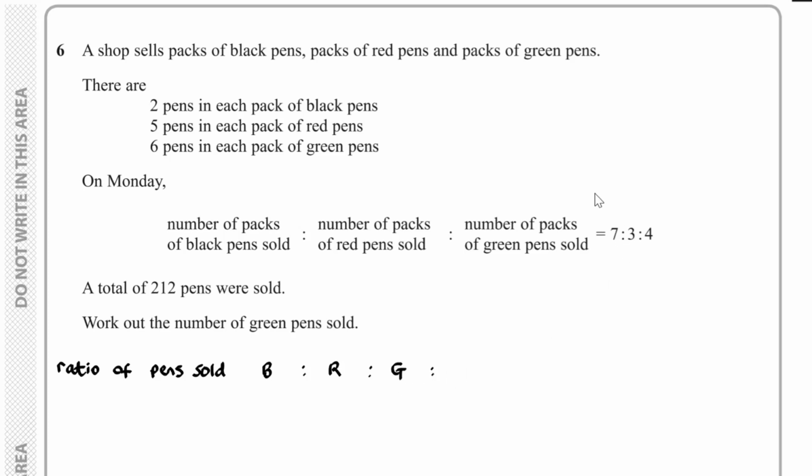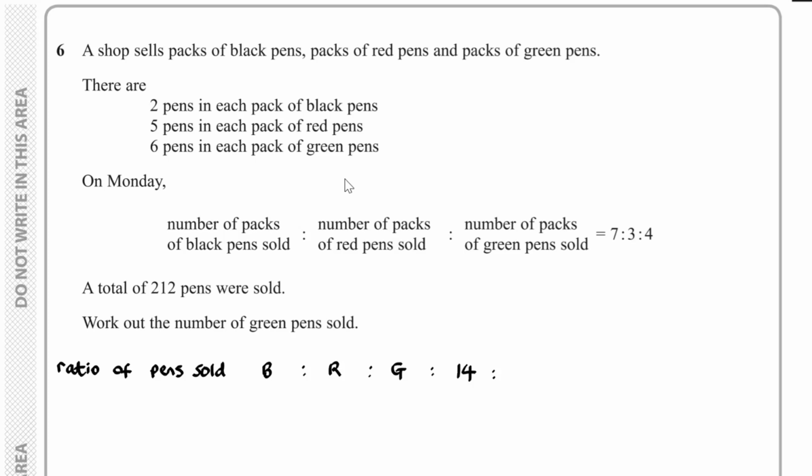Well, so far we know we've got 7 packs of black, and then we've got 2 pens in each black pack, so 2 times by 7, that will be 14.